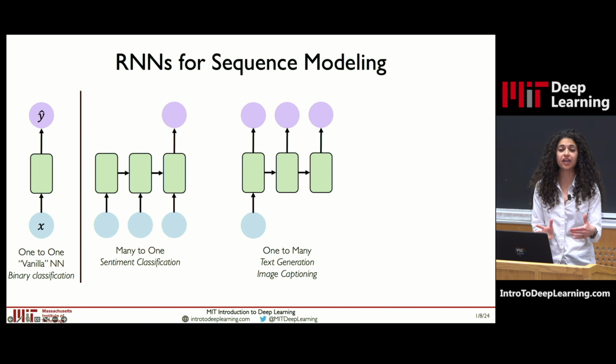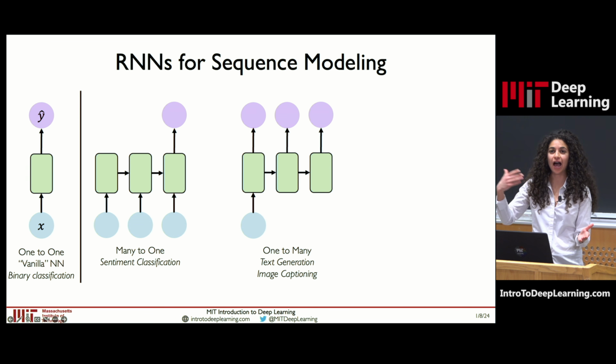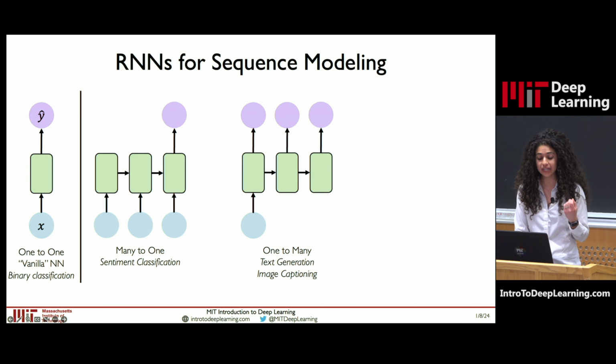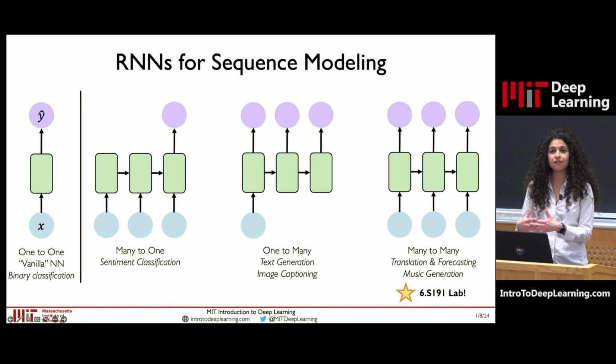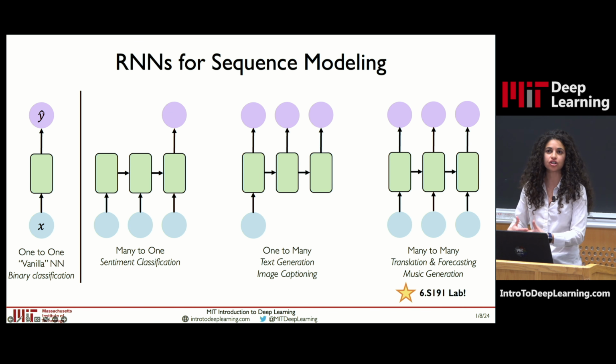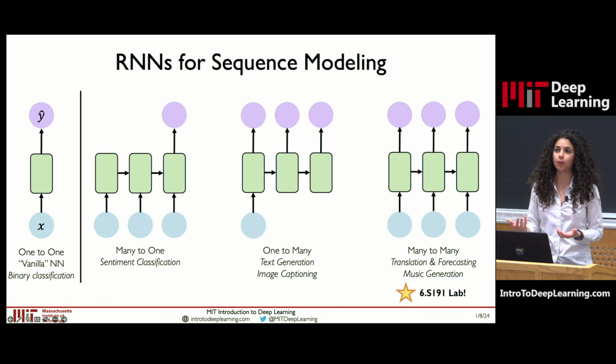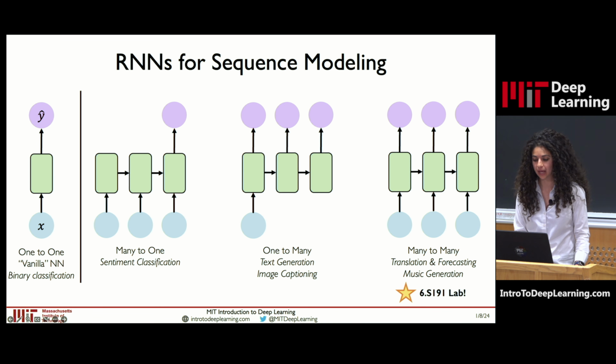We can also think about taking a single input and generating outputs at individual time steps. And finally, doing the translation of sequence input to sequence output. And you'll get hands-on practice implementing and developing a neural network for this type of problem in today's lab, the first lab of the course.